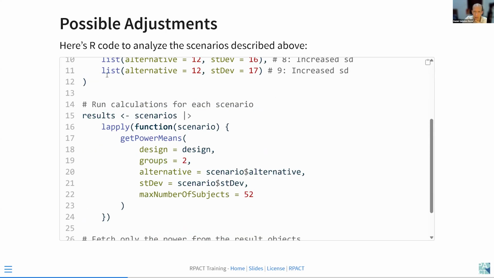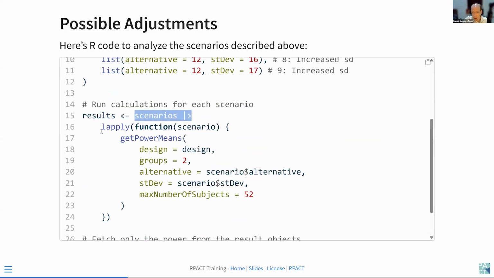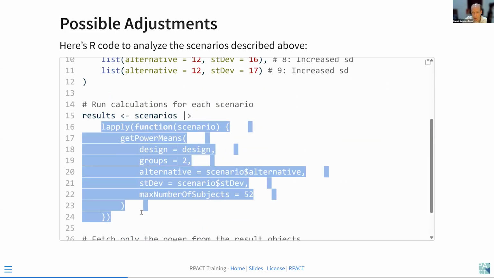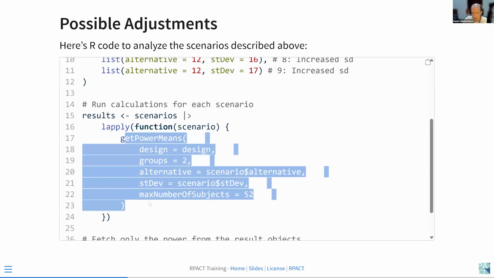And then we can run the calculations for each scenario. How do we do this? Easiest is like this. Let's say we pipe our scenarios into here, which is a list, right? So we can use lapply on this list. For each scenario, we want to basically get the power means, right?